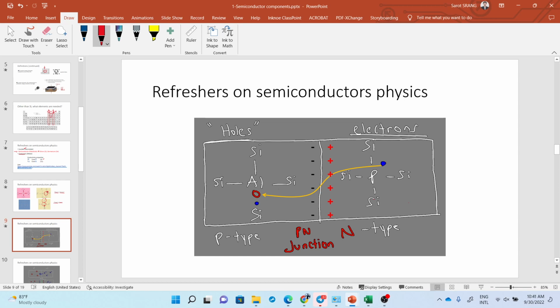If we look at the charge, the p-type has excessive charge, because the valence bond attracts electron.